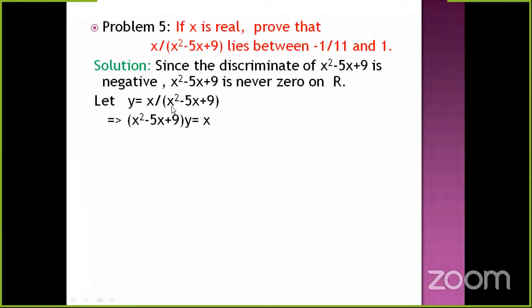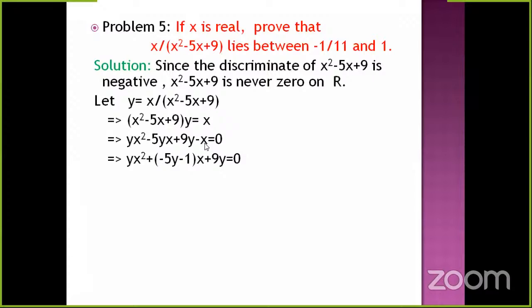So by cross multiplication, I will get y into (x square minus 5x plus 9) is equal to x. By multiplication, I will get yx square minus 5yx plus 9y is equal to x. Later, if I bring this x to the LHS, I will get yx square minus 5yx plus 9y minus x equal to 0.